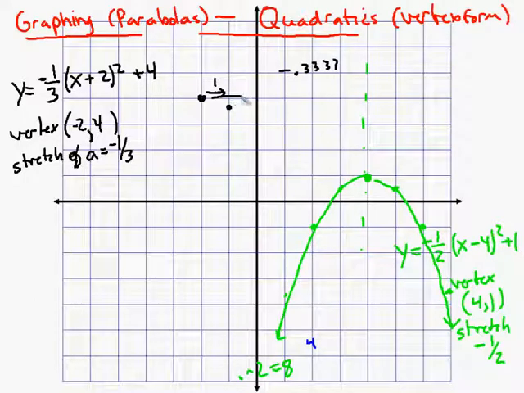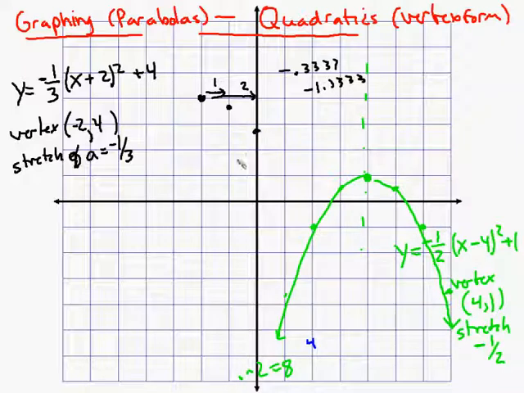Okay, if I go right 2, 2 squared is 4, right? Times negative 1/3. And I have my calculator handy and I get it as a decimal and it pops out negative 1.333333. So I'm going to go down 1 and 1/3 more.